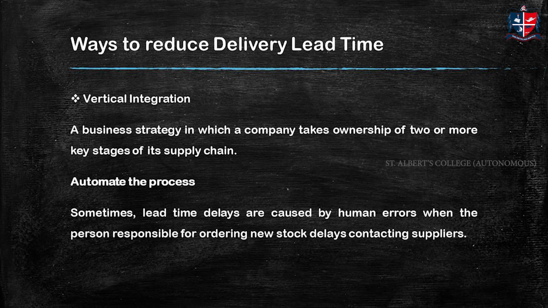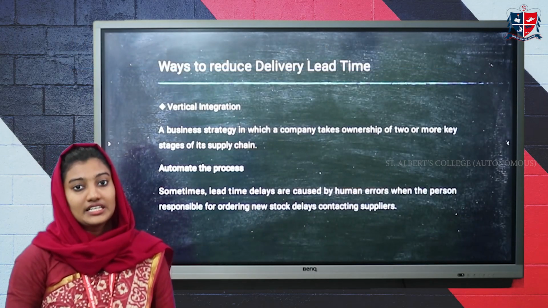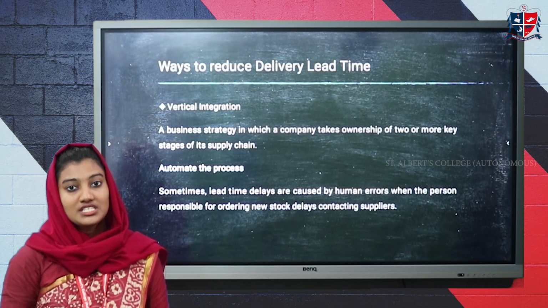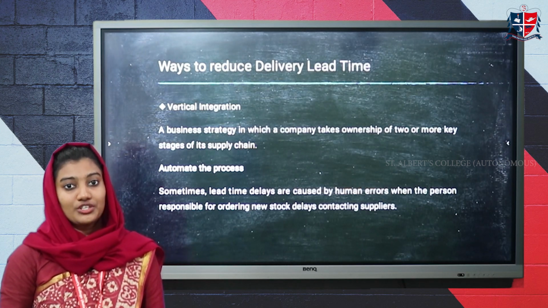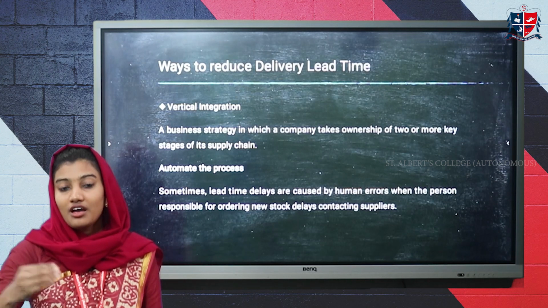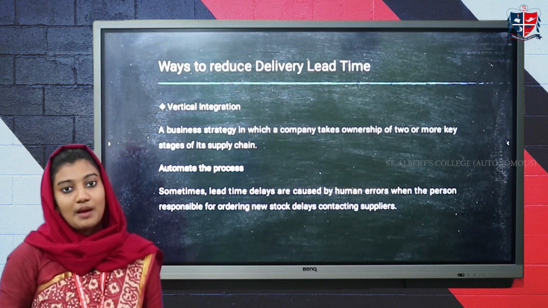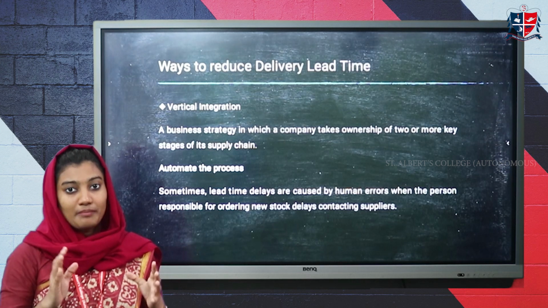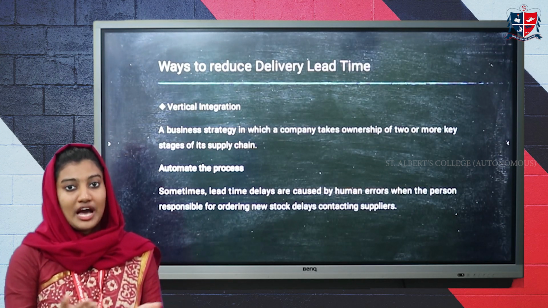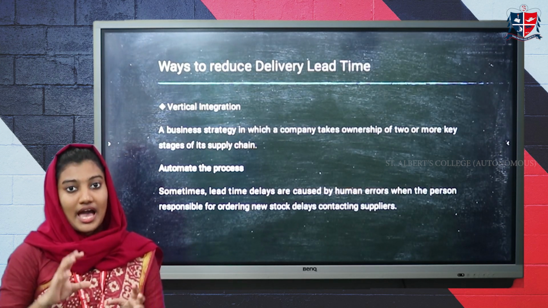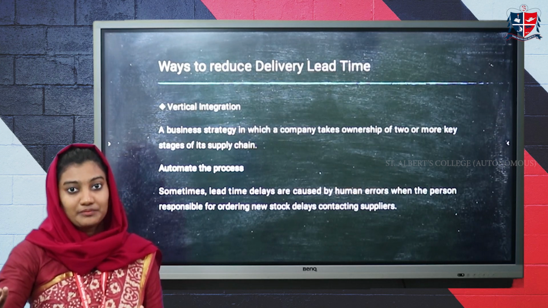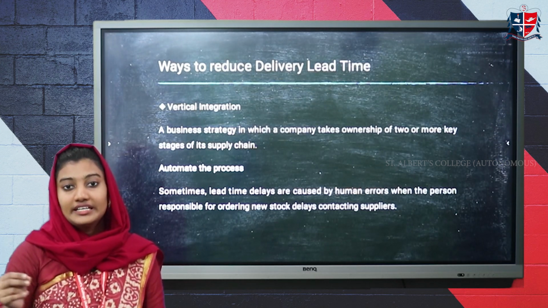Then the fourth method is vertical integration. Vertical integration means if the manufacturer can actually take ownership of one more operation or activity in the supply chain. For example, if the manufacturer is only doing the production process and the packaging is totally outsourced, that will lead to increasing the delivery lead time.